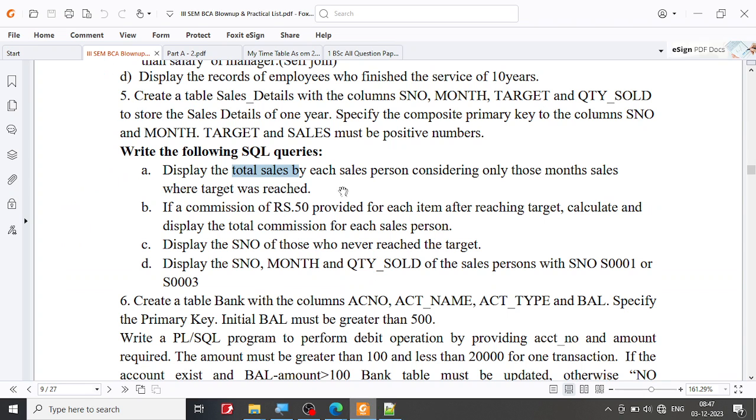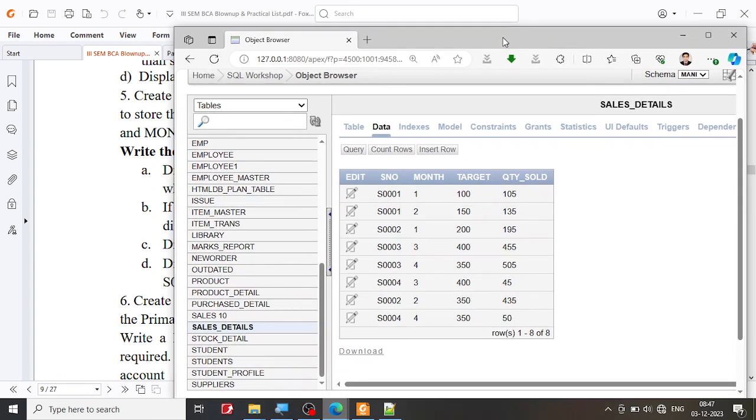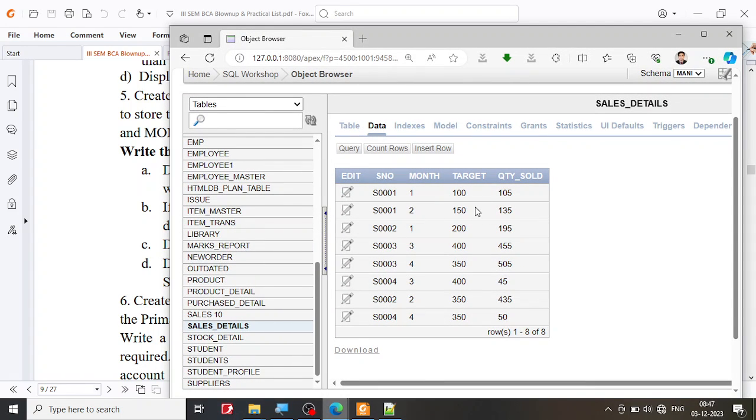In the second one, we have: if the commission of 50 has been provided for each item after reaching the target. So what is the meaning of this particular thing? You have this particular sales item over here. If you look at the first record, what it says is 100 was the target, and quantity sold is 105.